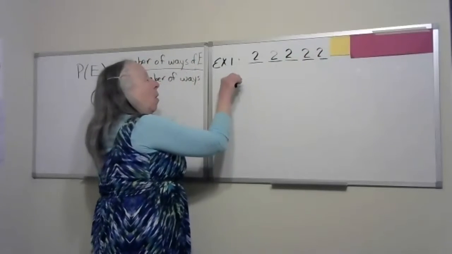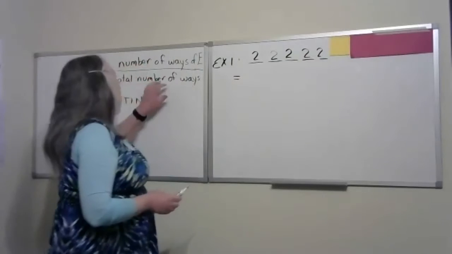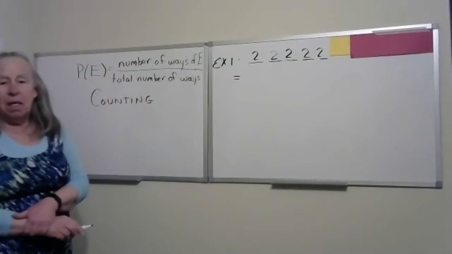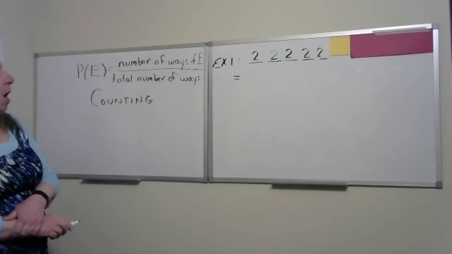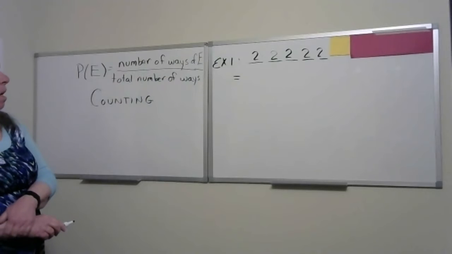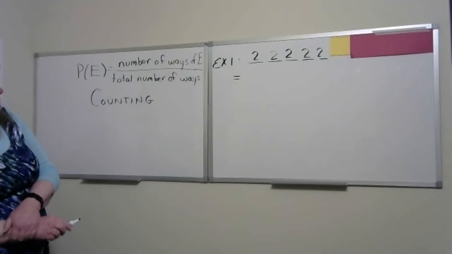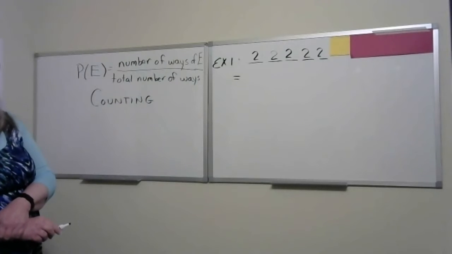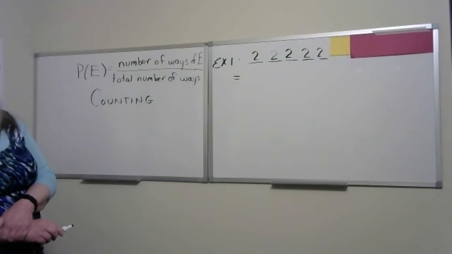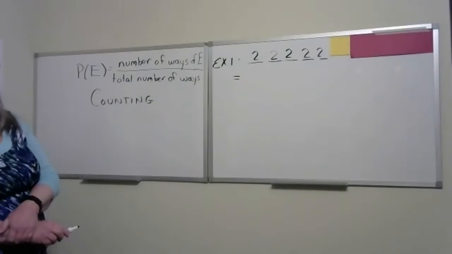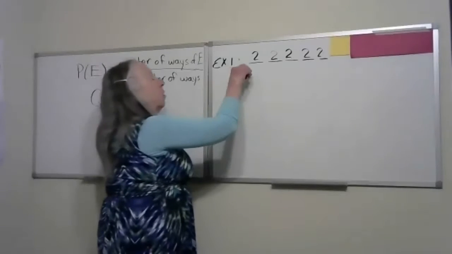What does that give us as the total number of ways that this experiment can turn out? Ethan. Is it 32? It is 32.